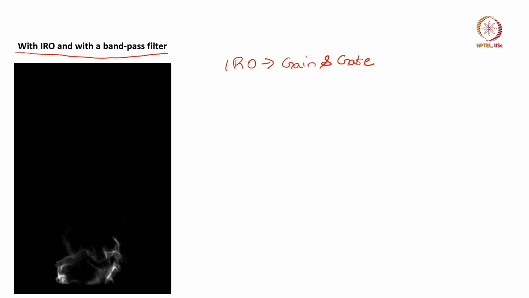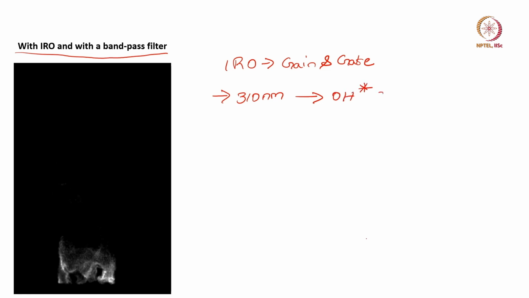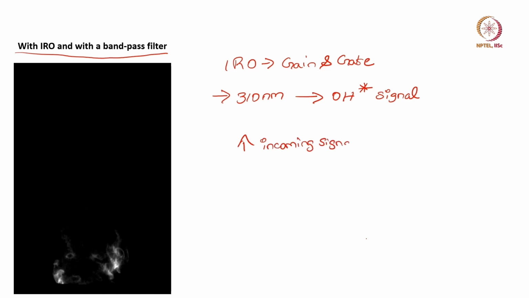As we have used a bandpass filter of 310 nanometer wavelength, we can surely tell that the filter allowed only OH chemiluminescence signals to the camera through the IRO and UV lens. This specific combination is designed to amplify the incoming signals and make them strong enough to be detected by the camera.